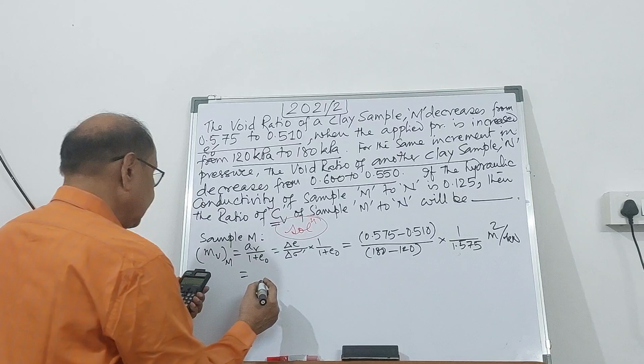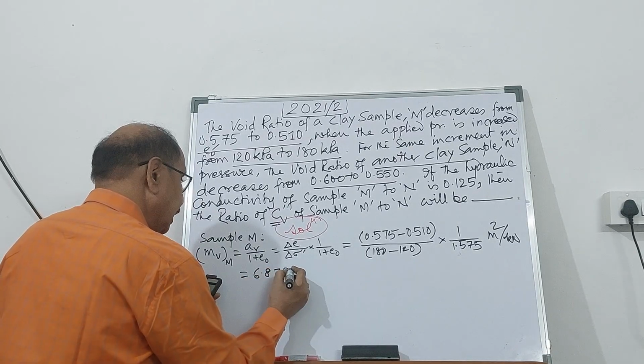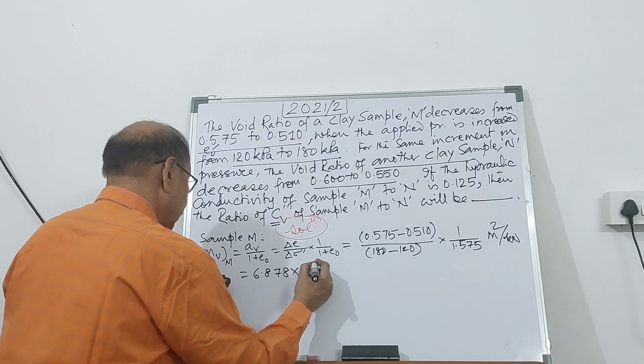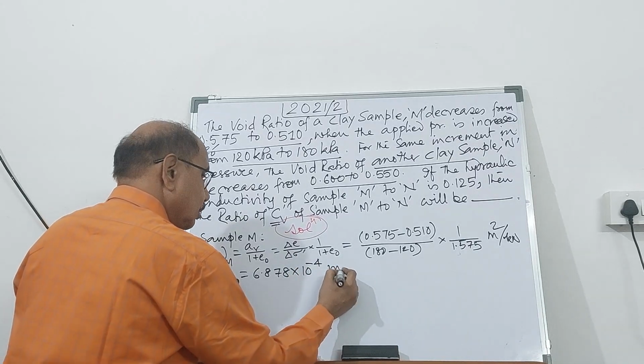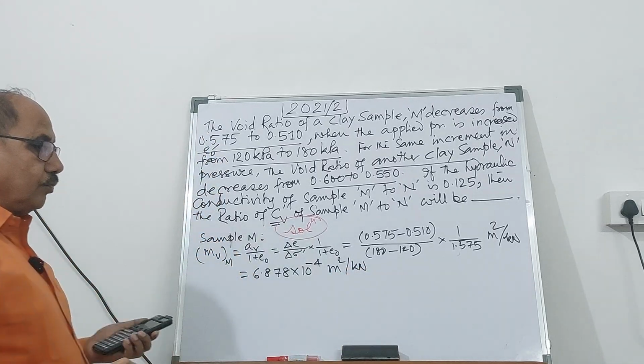I am getting 6.878 into 10 raised to minus 4 meter square per kilonewton. It's very nice.